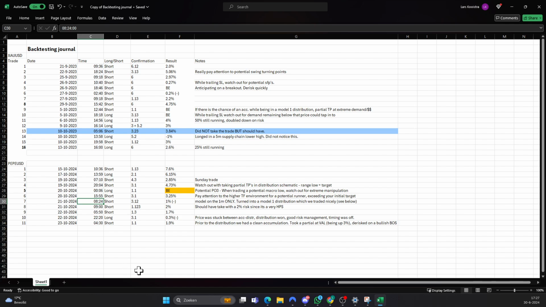So once I have 30 trades, or let's say once I have 25 trades on each pair, we will actually go through the confirmation and the result and see when all the losses occurred. Because if we look at the last 6 trades that we took, we can already tell that the only 2 losses that we took were 2 distribution trades not in a trading session, because this was before London Open and this was after New York.